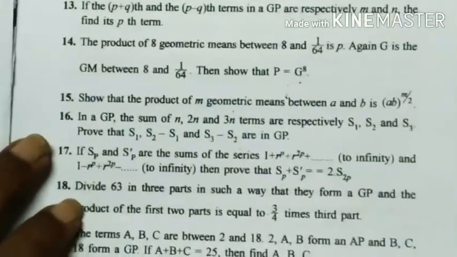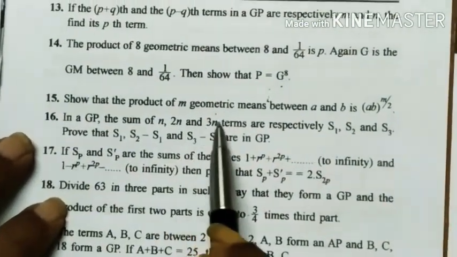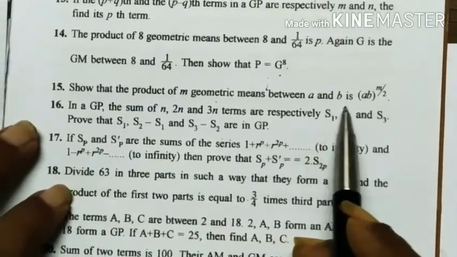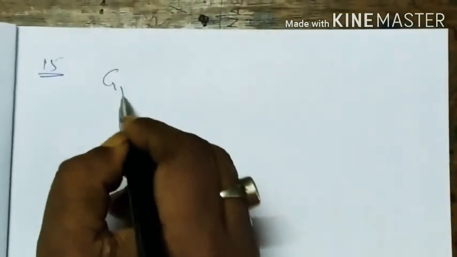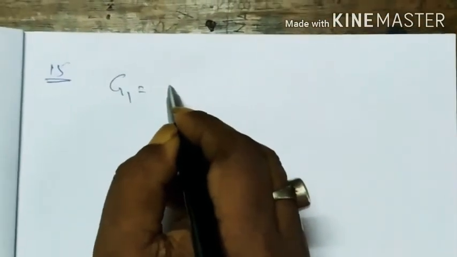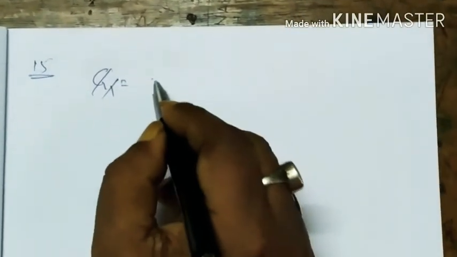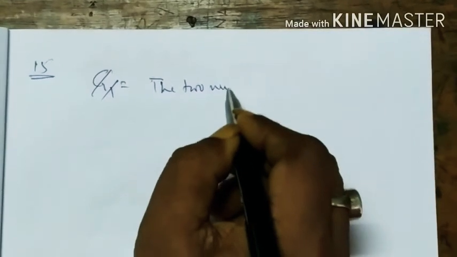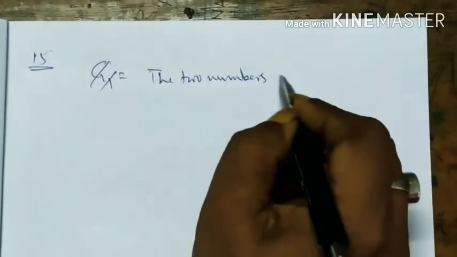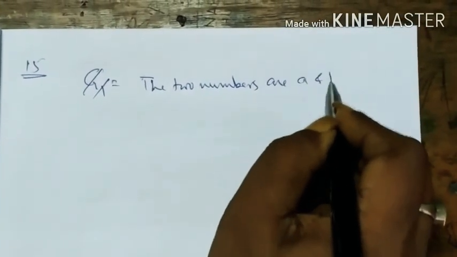Question number 15. The product of m geometric means between a and b is this. Same procedure: G1 is equal to a, here the two numbers are a and b.